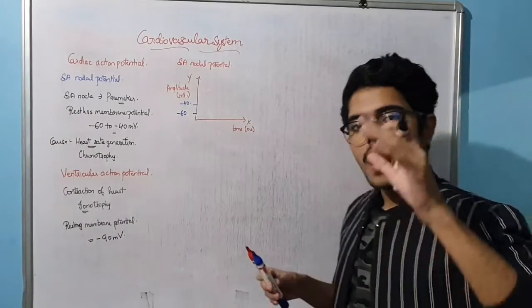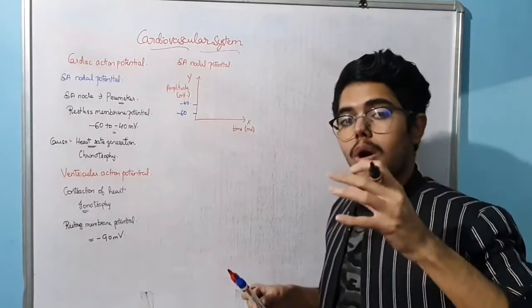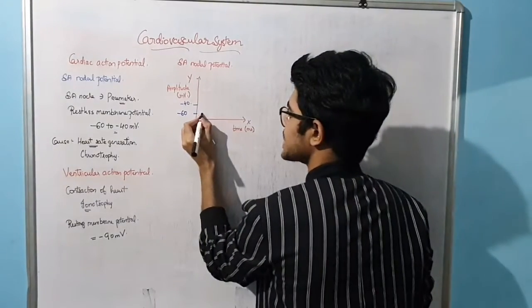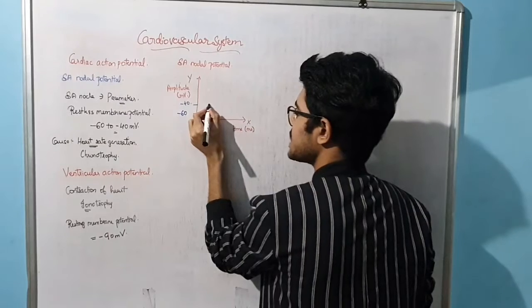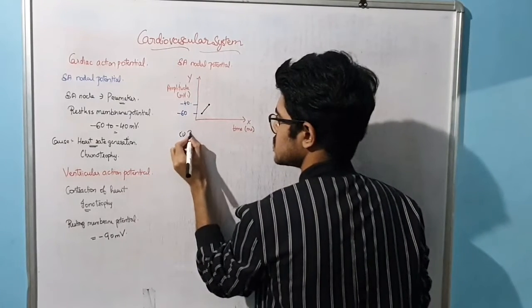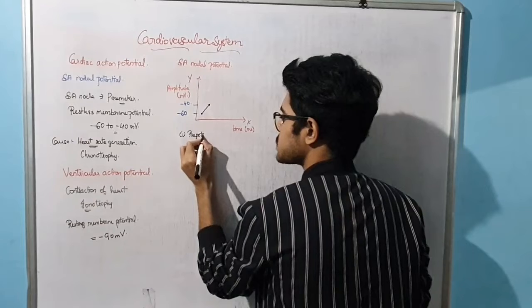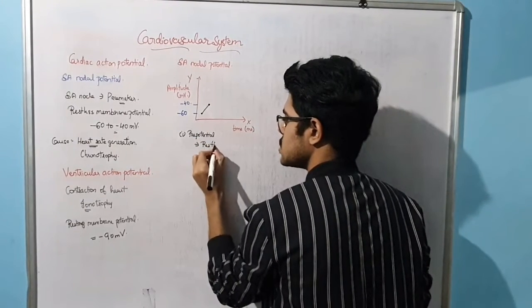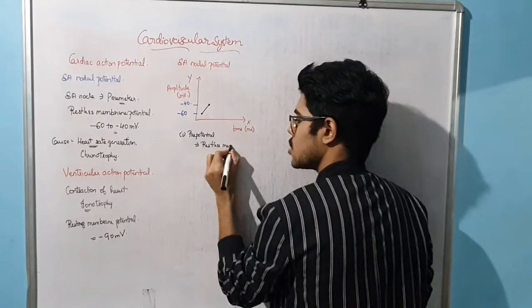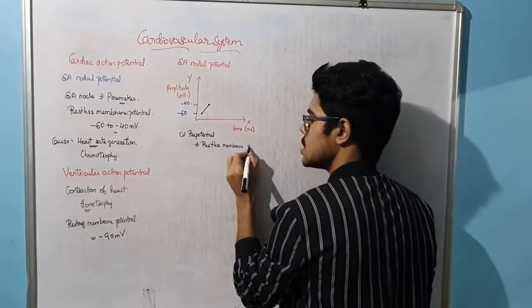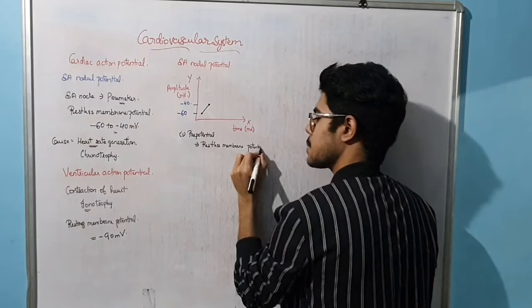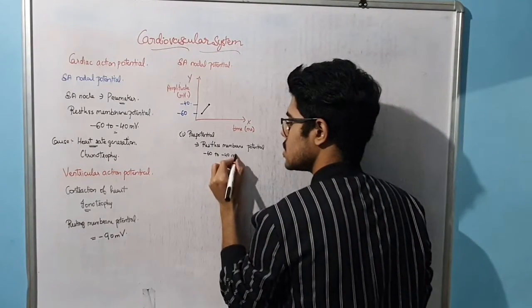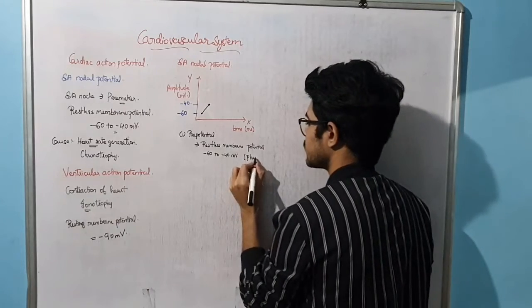There will be a potential before, that we call the pre-potential, with time. Very important. Why does this pre-potential occur? Because of the restless membrane potential, with the value oscillating between -60 to -40 mV, and this occurs in phase 4.